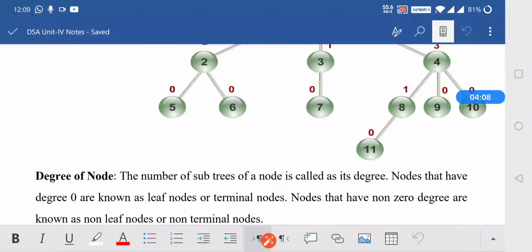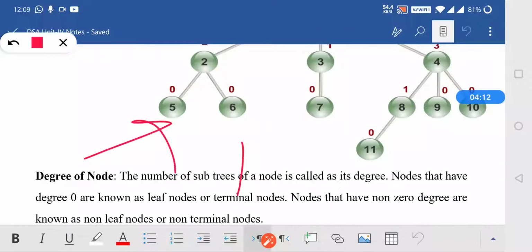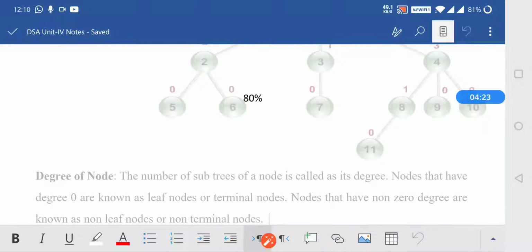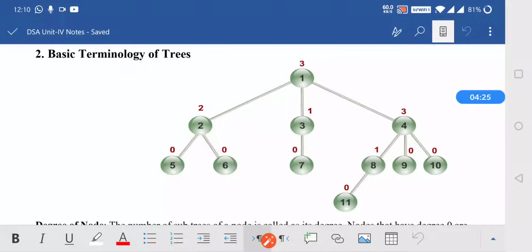Now we can see these 5, 6, 7, they are not having any subtree beyond them or under them. That's why they are having the degree 0. Here two subtrees are connected, that is 5 and 6, so its degree is 2.